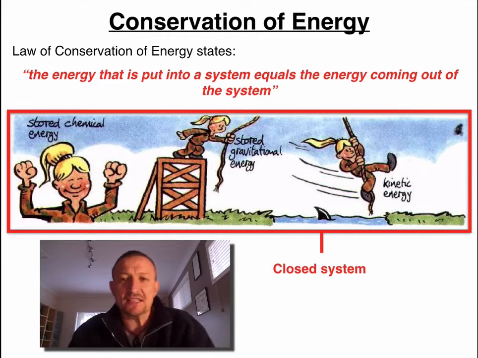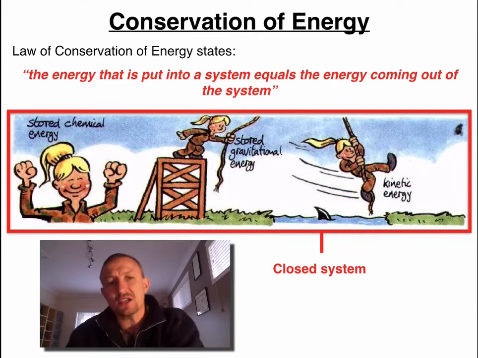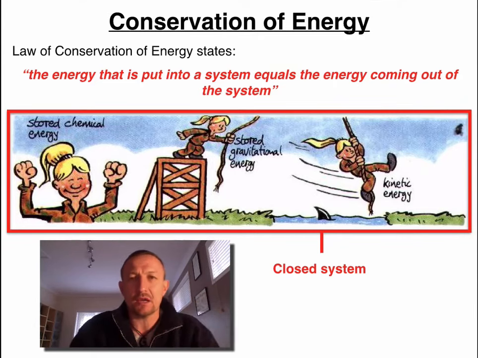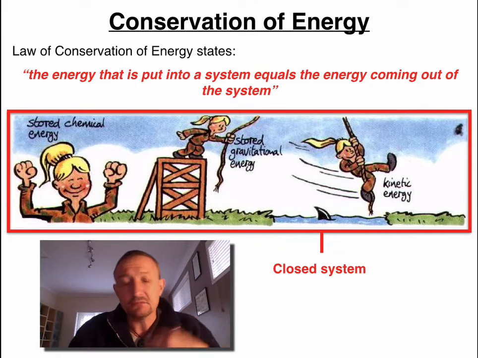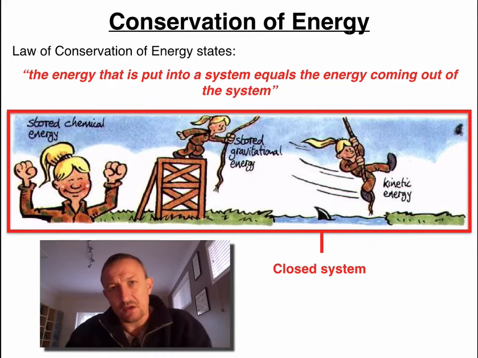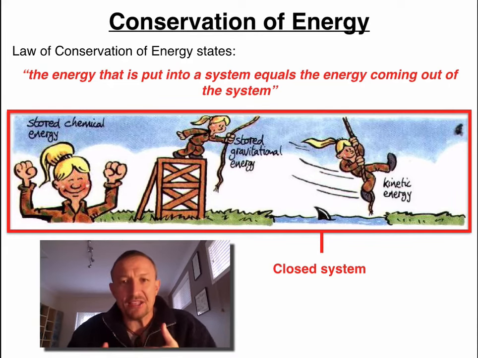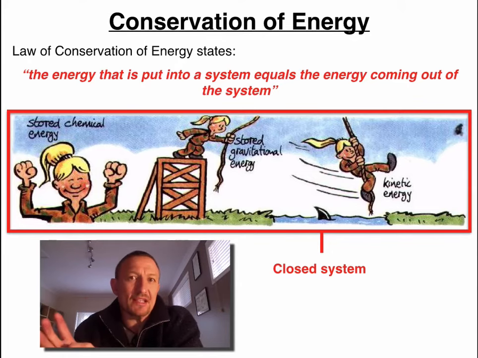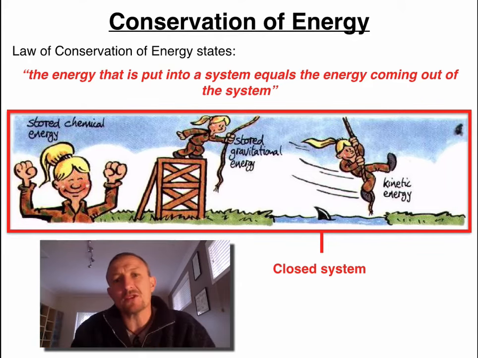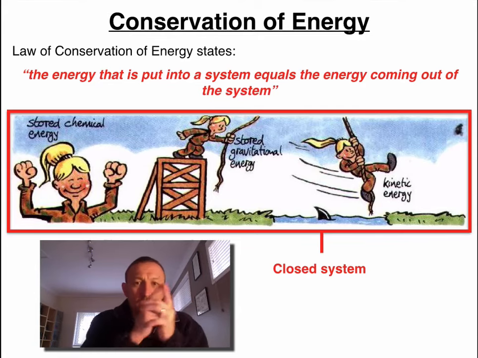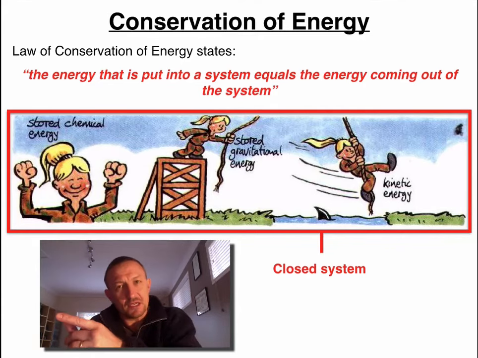And what we could then say is that the kinetic energy would equal the stored chemical energy. In reality, that doesn't happen. What she'll be left with at the end is some chemical energy left over, but some will be lost in that conversion from stored gravitational to kinetic.